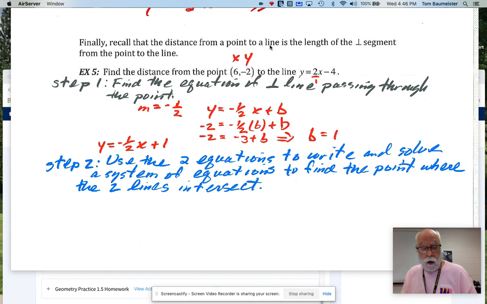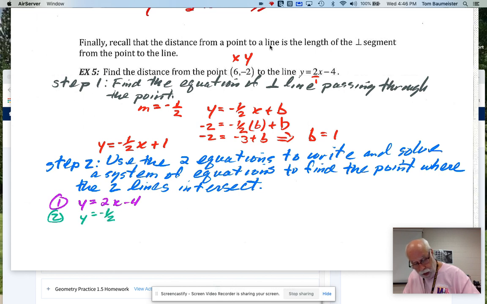All right, so what we're going to do here is we're going to take our first equation. And what was our first equation? Y is equal to 2x minus 4. We're going to take our second equation, where we have y is equal to negative 1/2 x plus 1. And we're going to solve those.